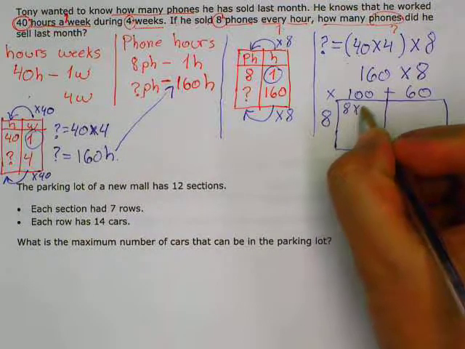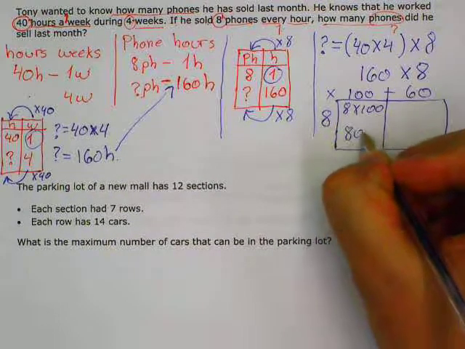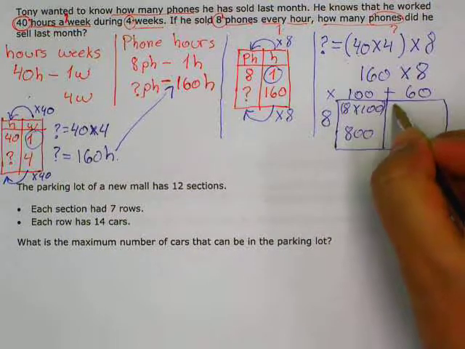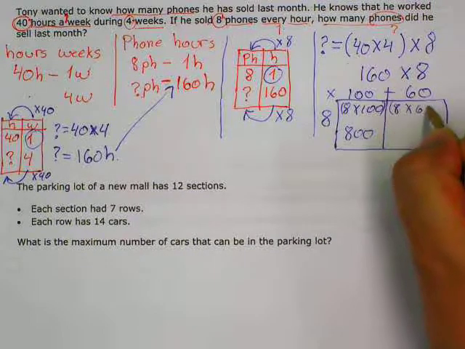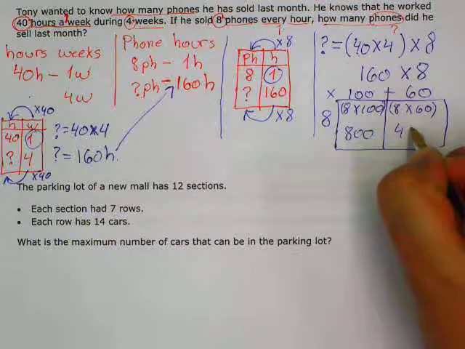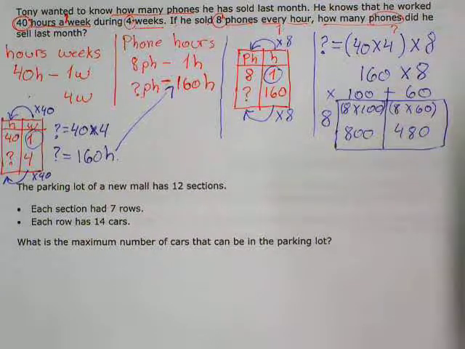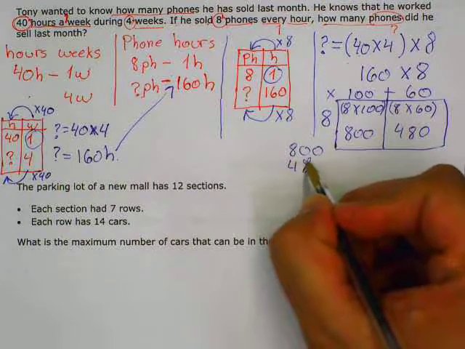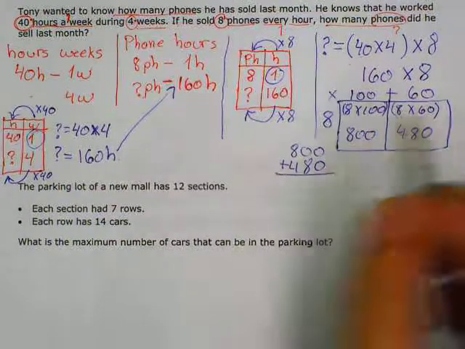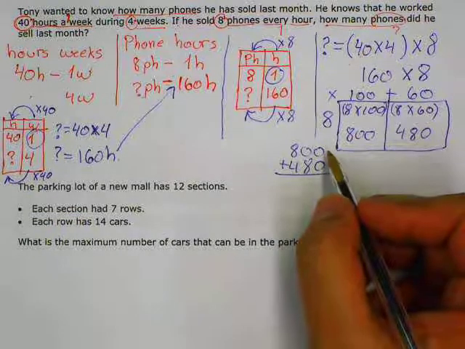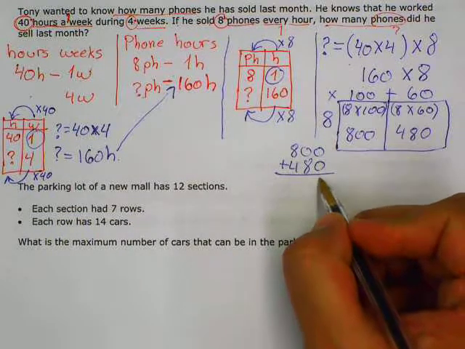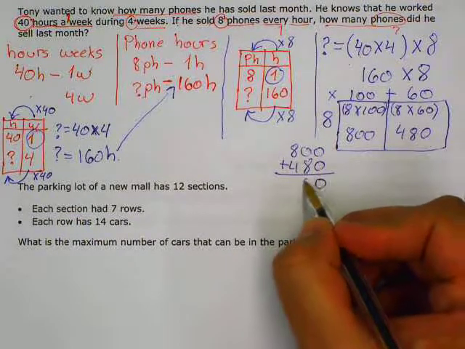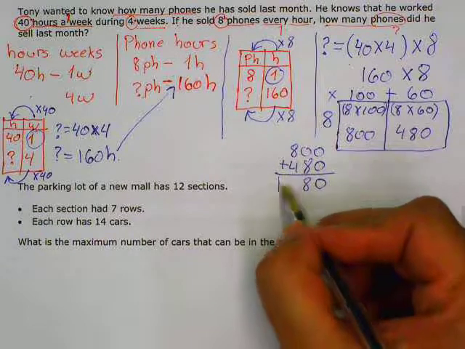8 times 100 is 800. And 8 times 60 is 480. So 800 plus 480. 0 plus 0 is 0. 0 plus 8 is 8. 8 plus 4 is 12.